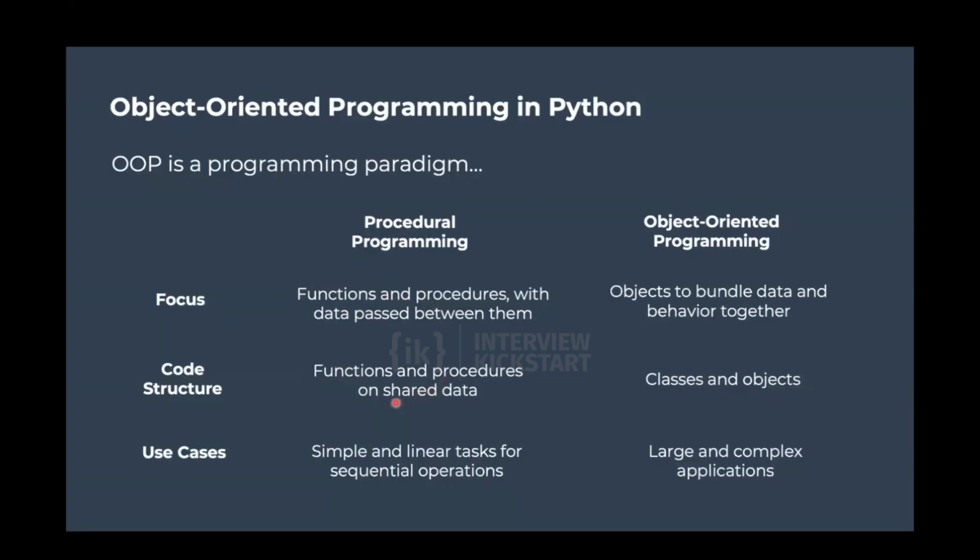So the structure of your code is all the code that you write on shared data. Everything's in the same file, for example, or if you're importing some module, everything is in that main body of code. So it's programming based on shared data. And the use cases for that are basically simple, linear tasks for sequential operations.